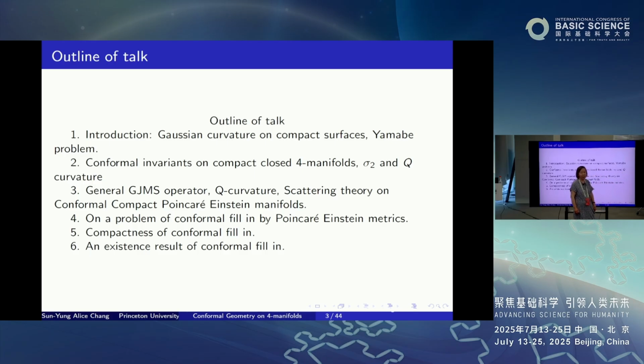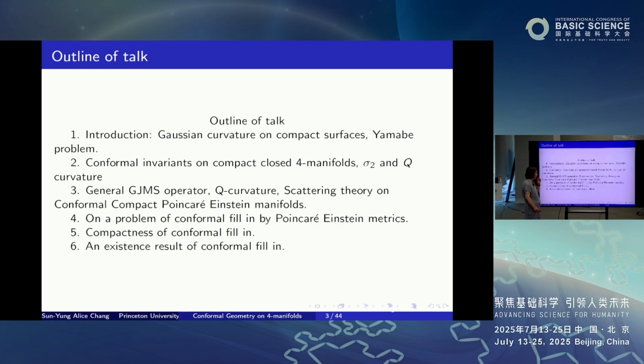The difference between these two is, in terms of PDE, sigma 2 is a fully nonlinear PDE, while the equation associated with Q is a linear PDE, but of fourth order. And then I talk about some geometric content of this.